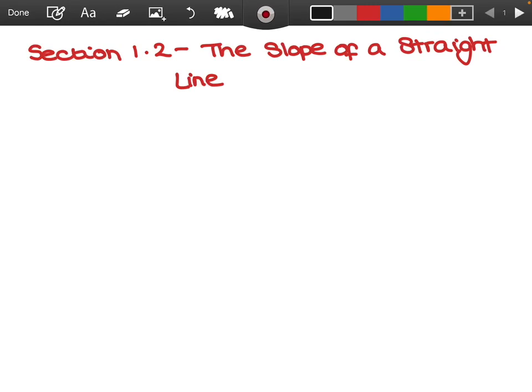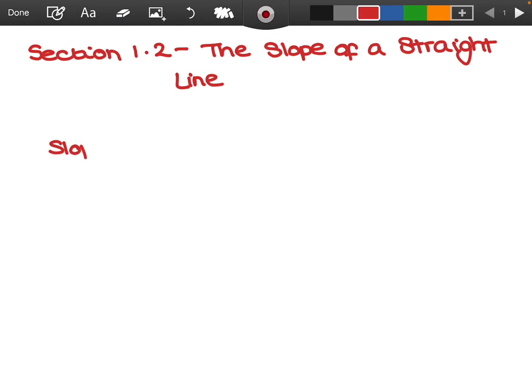In today's video, we're going to look at section 1.2, which is the slope of a straight line. For any non-vertical line, any line that is not of the form x is equal to some constant a, like we looked at in the last video, we should be able to write it in slope-intercept form.